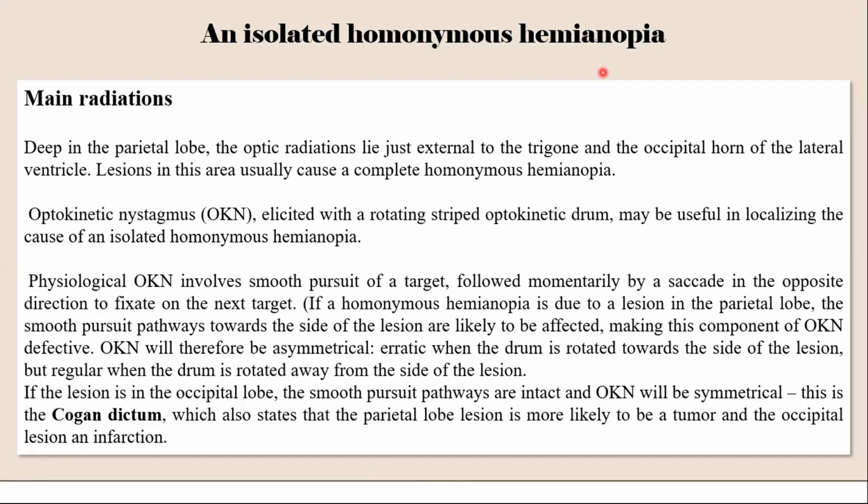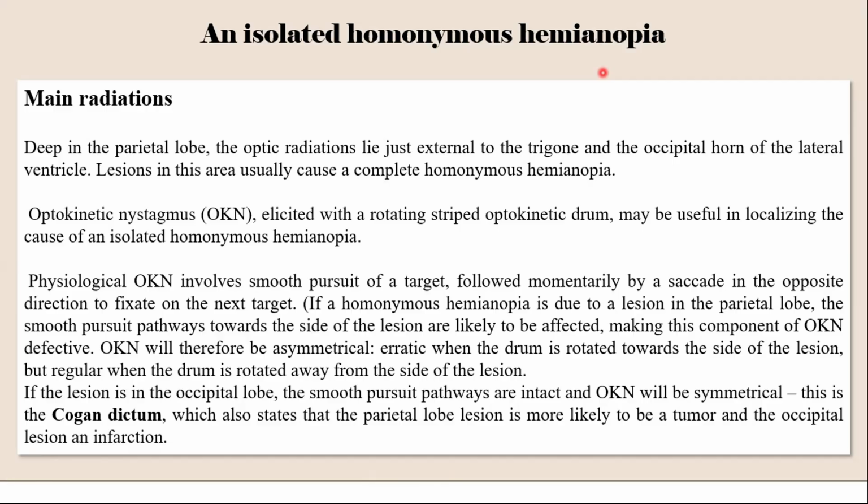So the only abnormality is the homonymous hemianopic visual field defect with no associated neurological deficits. If you remember when we talked about lesions at the level of the optic tract or parietal or temporal lobe, they're usually accompanied by other neurological manifestations. This is because these regions contain multiple closely related structures that are involved in functions other than the visual pathway.